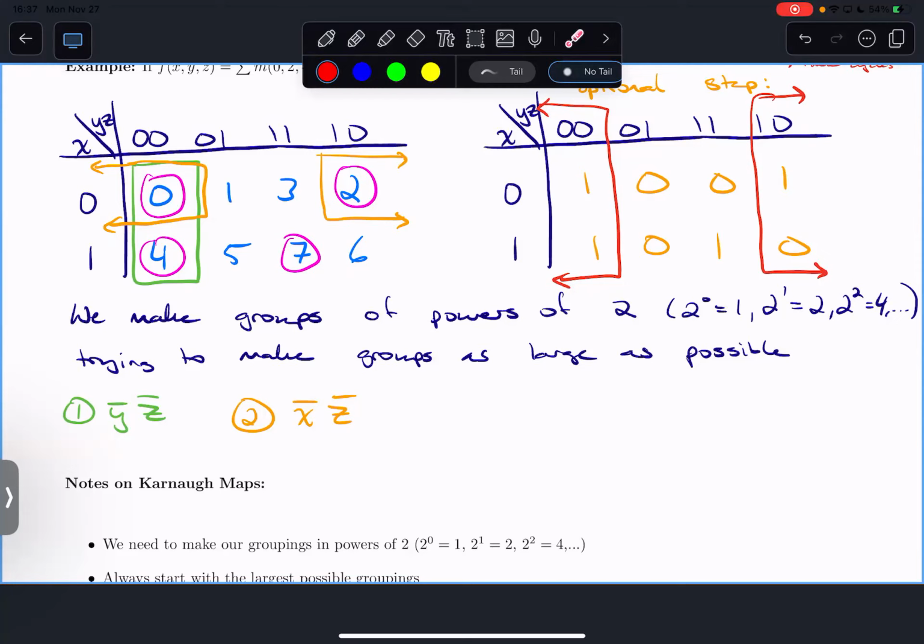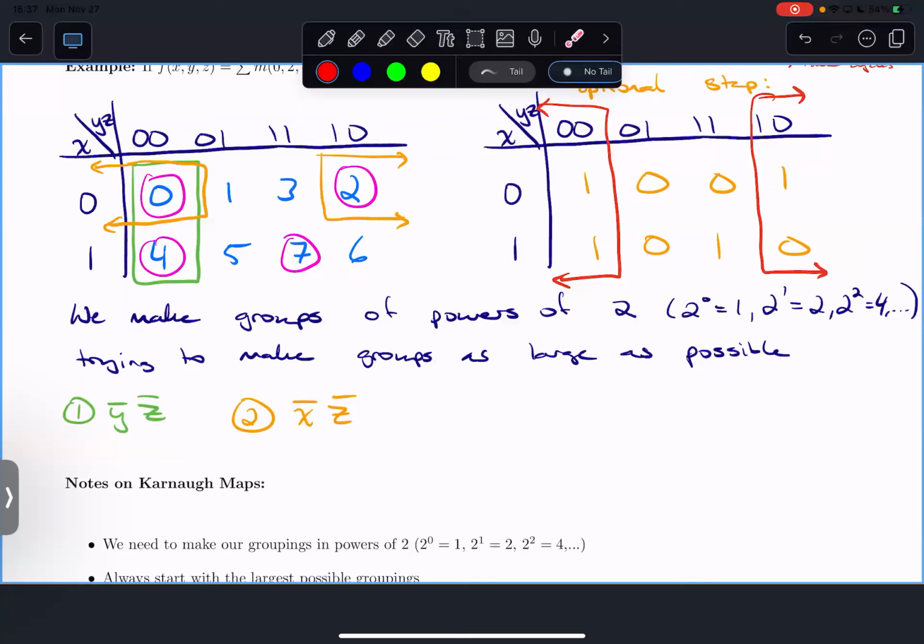matter? Yeah, so you have as many as 2 to the power of literals options. And so if you have 4 literals, the biggest grouping that you can make is 16. Right? So that's the biggest thing that we would consider.